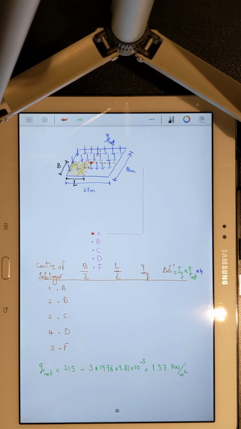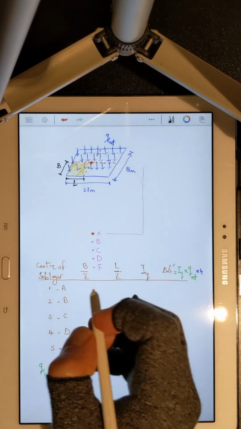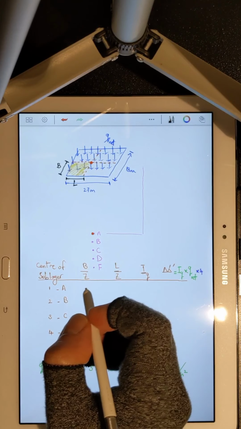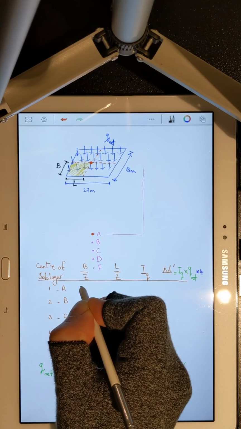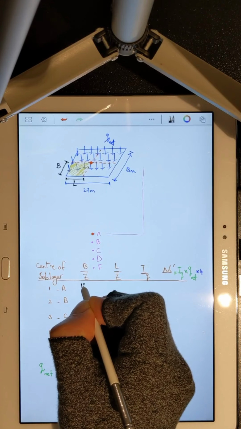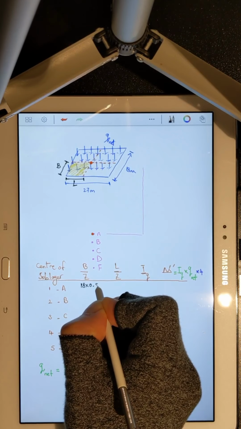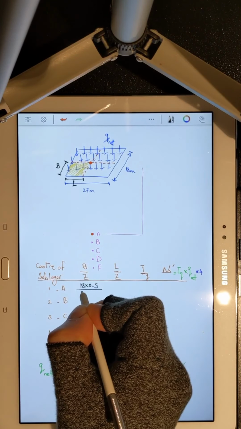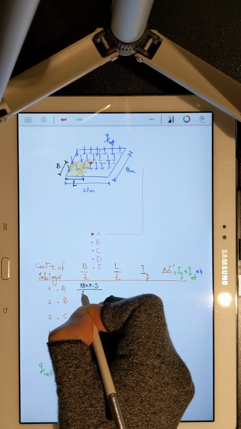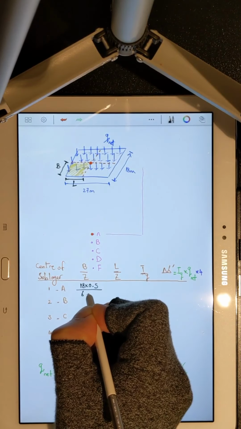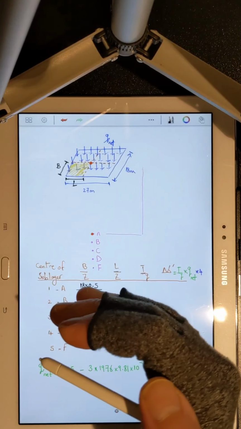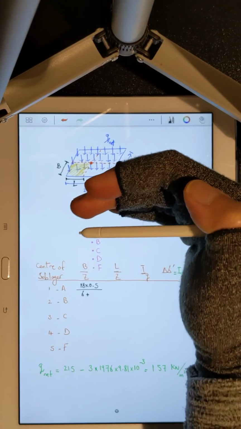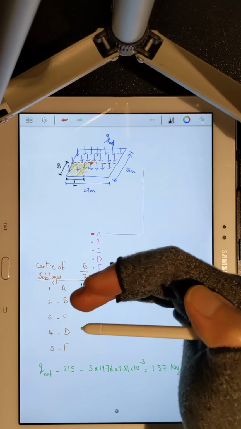So let's begin. For the middle of sublayer 1, point A, B is 18 divided by 2. And Z is, you have 6 meters of sand plus the distance between the boundary between sand and clay and the middle of your first sublayer.